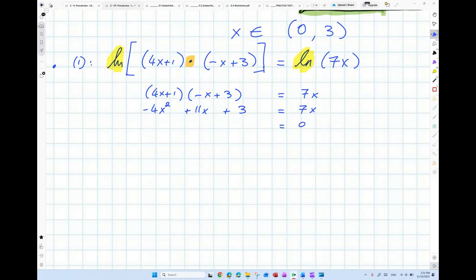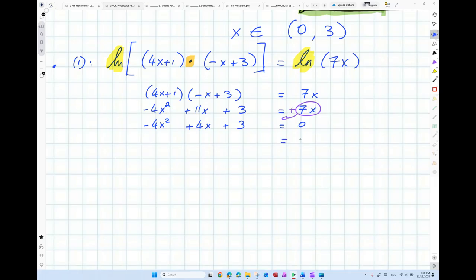Now, since I'm recognizing a quadratic equation, I'm going to set it to 0. That means I'm going to cross over the 7x onto the other side. And 11x minus 7x is 4x plus 3.